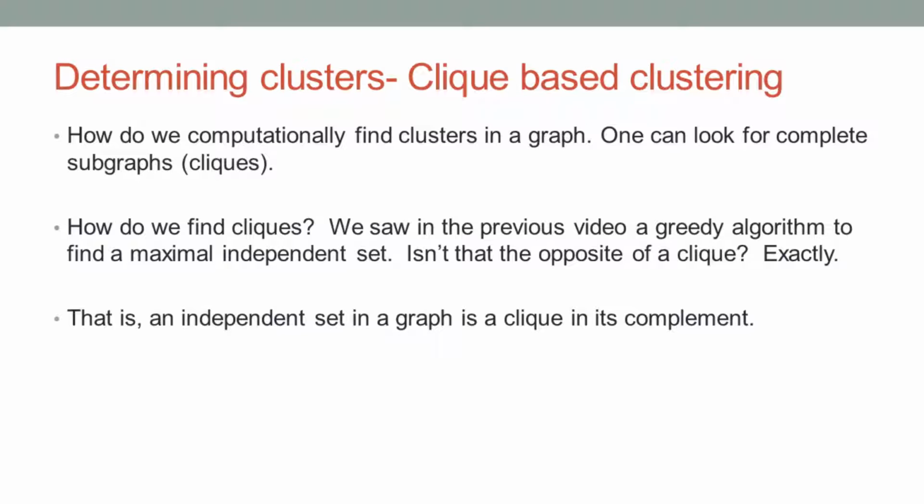An independent set induces no edges, and in a clique, every possible edge is there. Well, you could flip the result. If you consider the complement of the graph, then if you have an independent set in a graph, it is a clique in its complement.